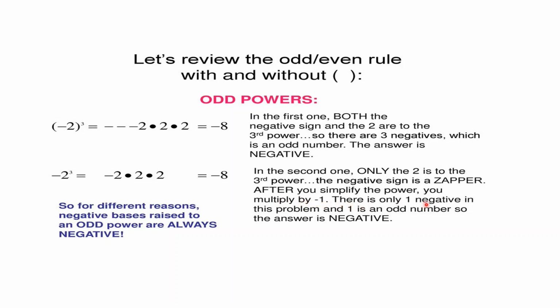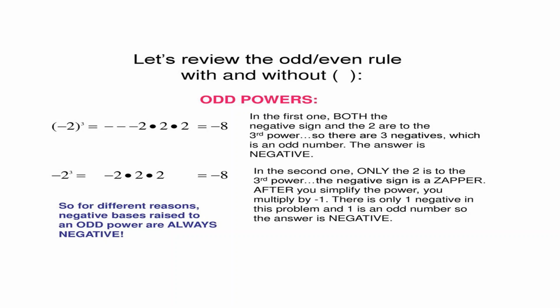There is only one negative in the problem, and 1 is an odd number, so the answer is negative. Meaning that we have 2 times 2 times 2 times negative 1.